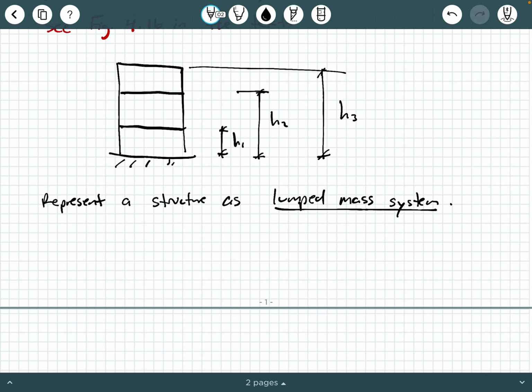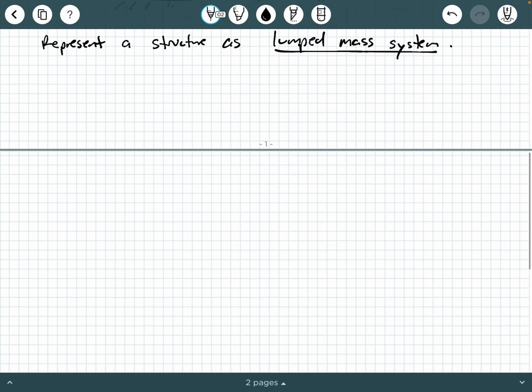So the way we represent this as what's called a lumped mass system is the following. We would show this simplified view of the frame, and we would have this lump right here, which has a weight of W1, and then you have this other lump here, which has a weight of W2, and then you have this weight up here, which has a weight of W3.